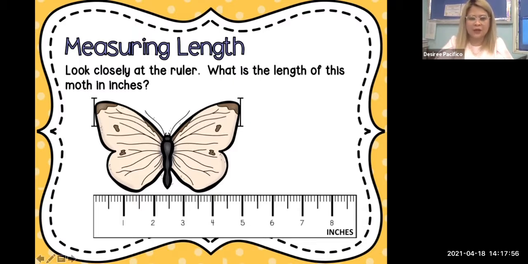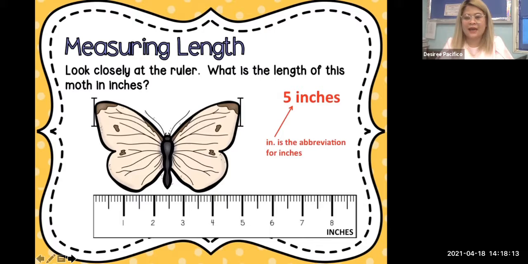Remember, these are the inches and the ones shorter are the centimeters. So it's 5 inches. Inch is the abbreviation for inches, so you can write 5 in.